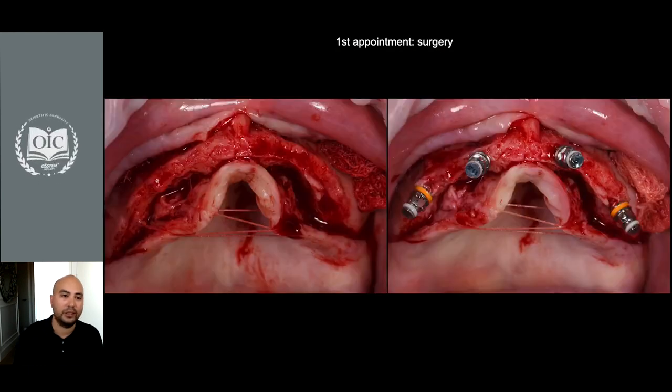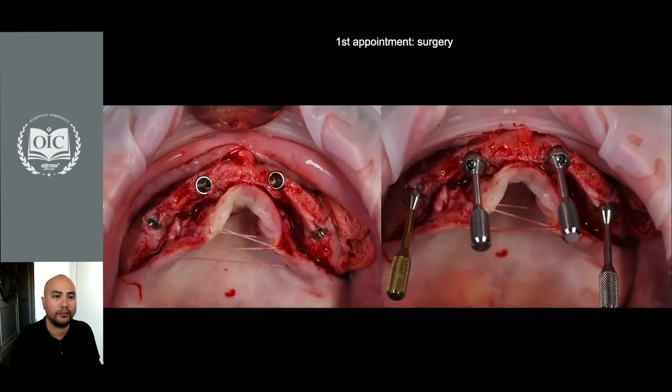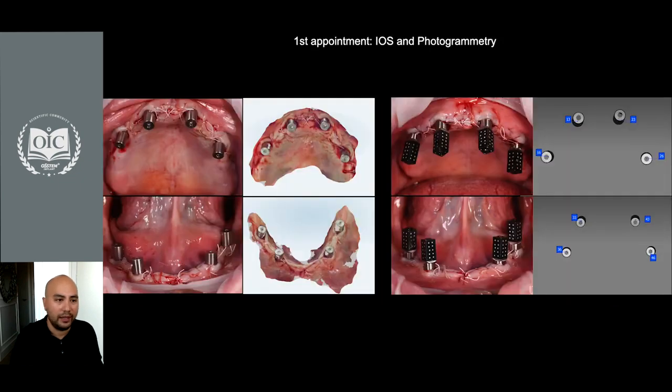As you can see here, on the upper arch the bone was slightly limited, so we used the asset kit to do the bone expansion that allows us to place the implant without damaging the residual ridge, and also increases the stability of the implant fixtures. We then fit the multi-unit abutments on the same day, and first we scan the soft tissue and then the scan bodies.